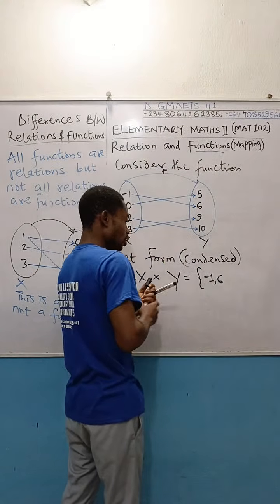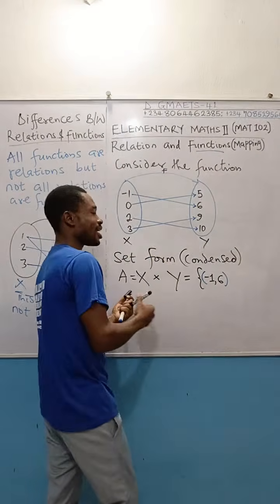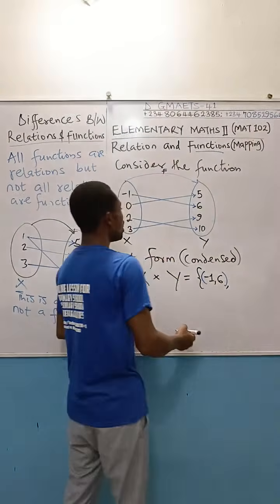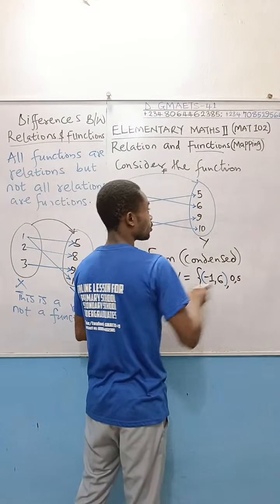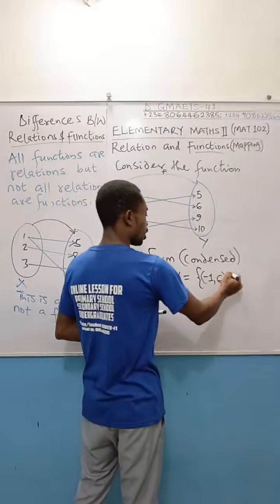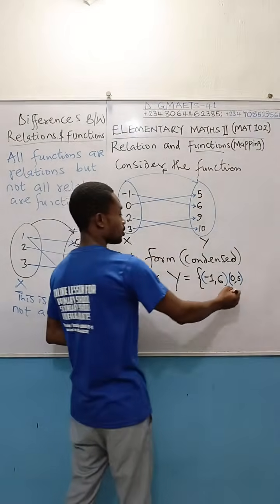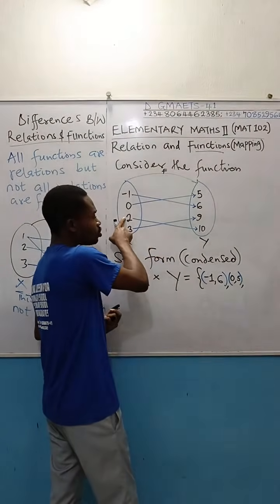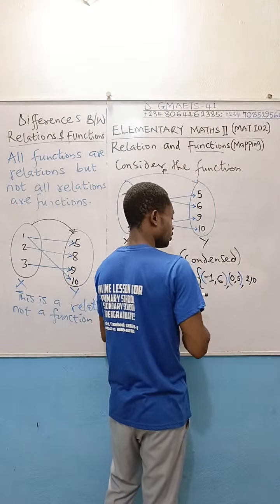So this (-1, 6) is going to be enclosed in a bracket inside that set. Then we have 0 and 5. Both of them will be enclosed in this curved bracket. Then you notice that we have 2 assigned to 10. (2, 10).